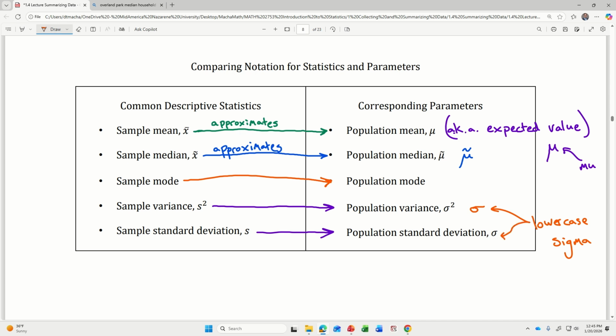And since the variance is always just the standard deviation squared, we don't have a separate symbol for variance. We just write sigma squared to represent variance. That way you can't ever forget the relationship between those two. And then for sample variance and sample standard deviation, we use the English letters. Basically, English letters means descriptive statistic, Greek letter means parameter.